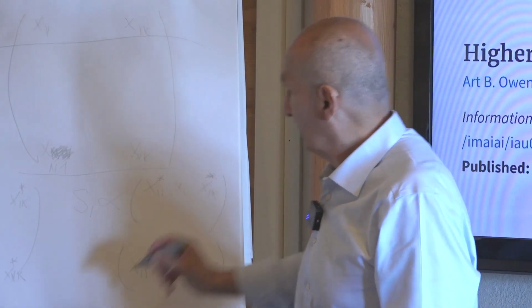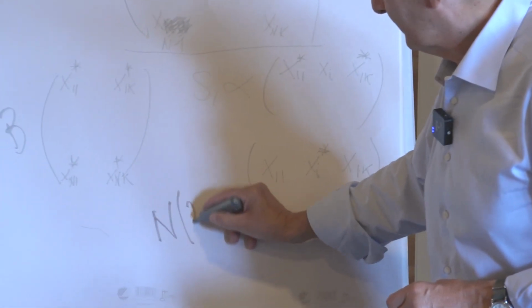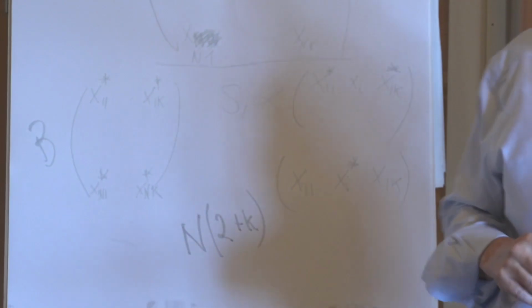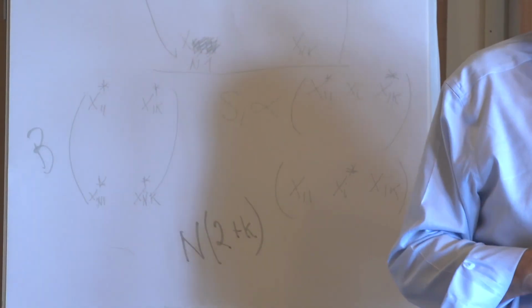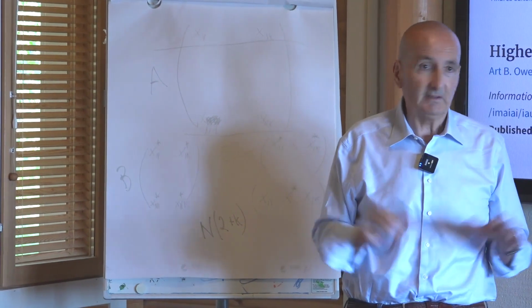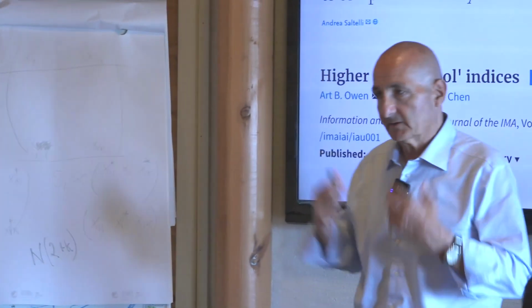So you have n times (2 plus k) simulations. This is the total number of model simulations which you need to compute first order and total sensitivity indices in this very fundamental arrangement without making tricks, let's say, no?